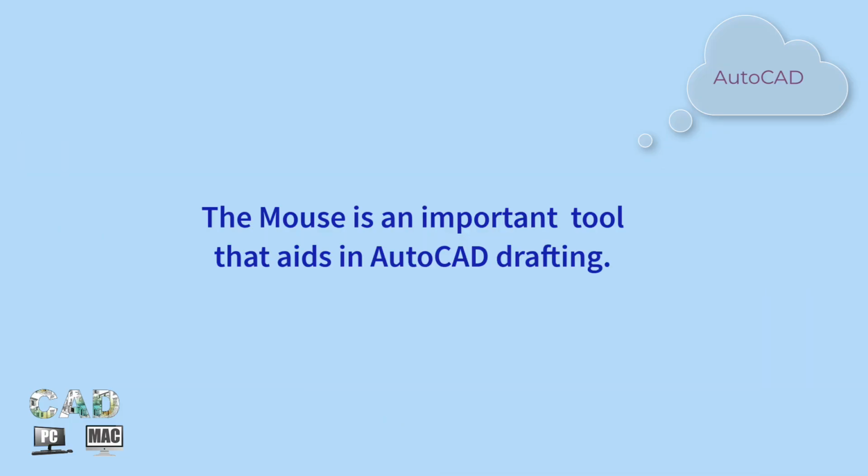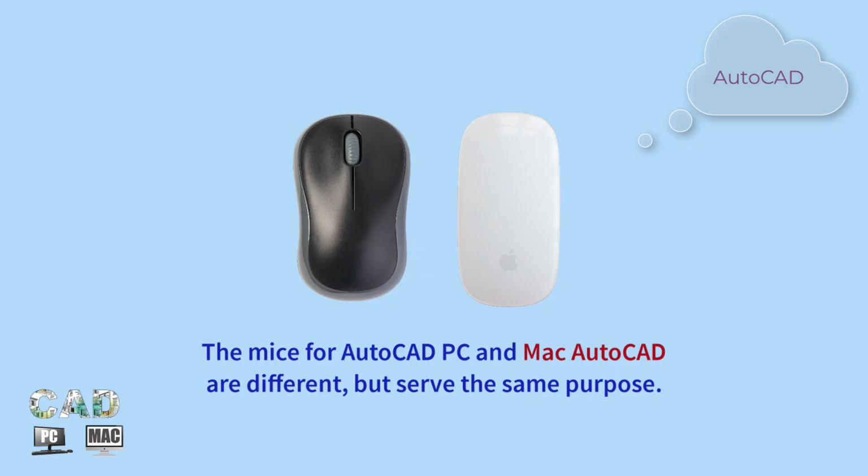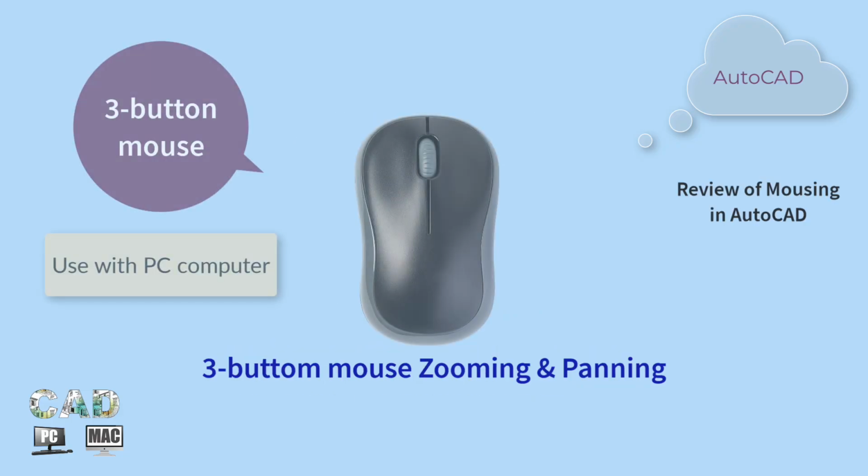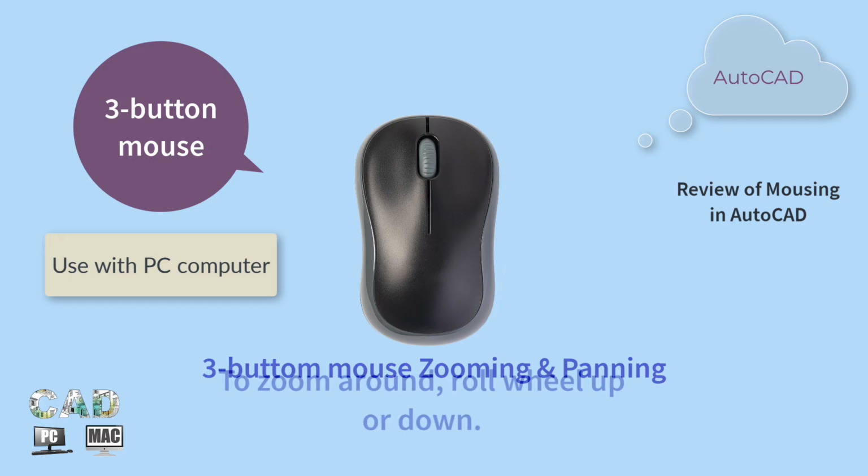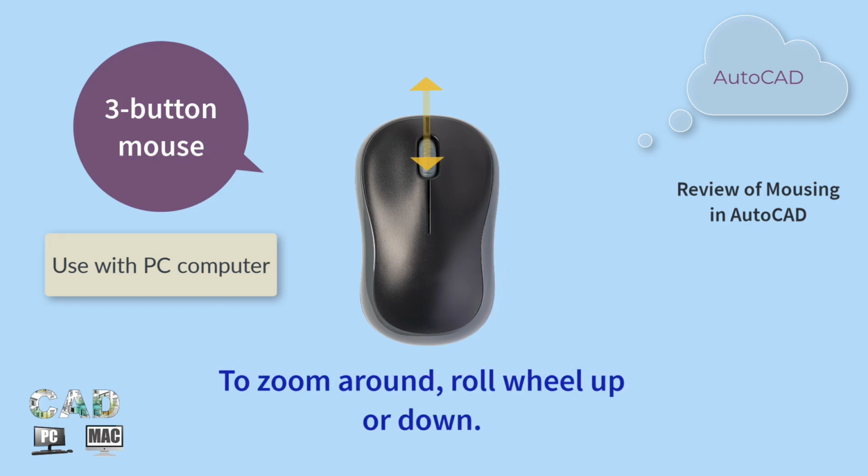The mouse is an important instrument that will aid your drafting in AutoCAD. The mouse you choose for AutoCAD PC and Mac AutoCAD are different, but serve the same purpose. To zoom around using a 3-button mouse in AutoCAD PC, roll the center button, which is the roller wheel, back and forth.